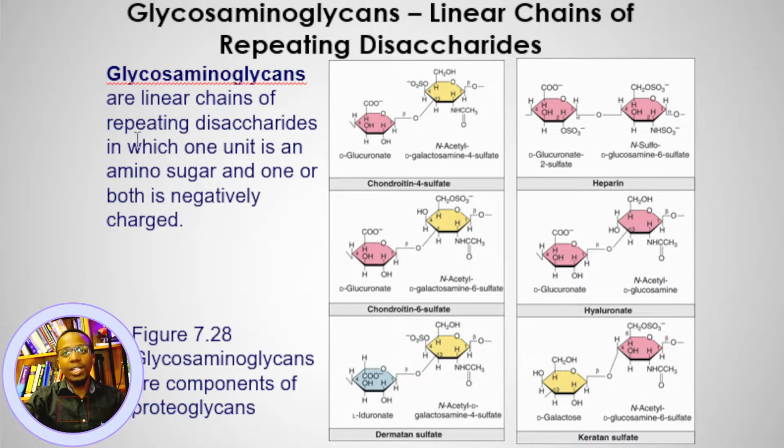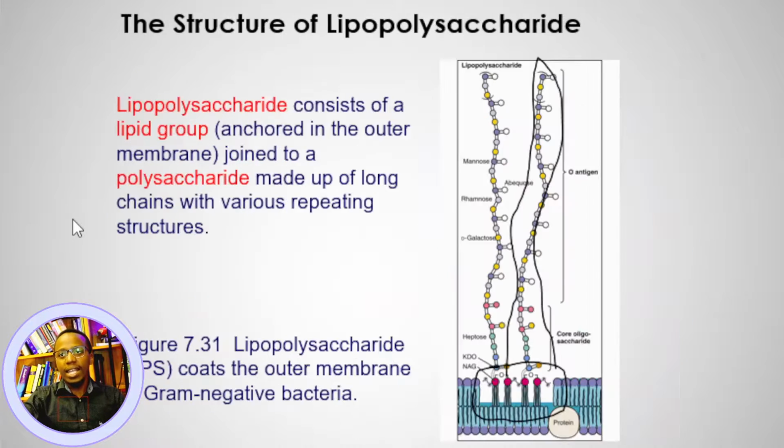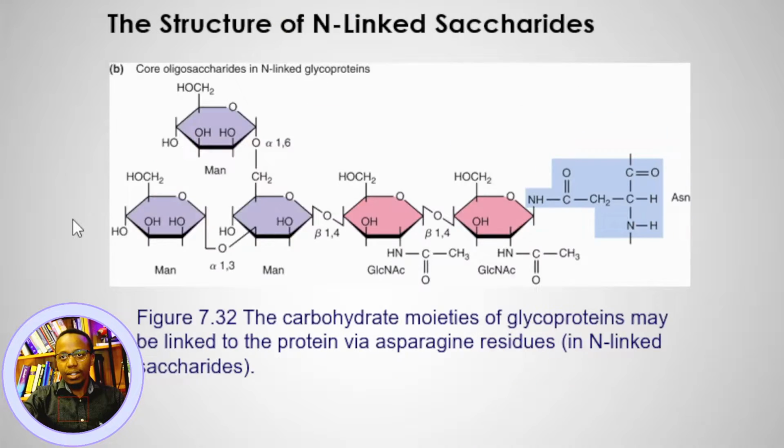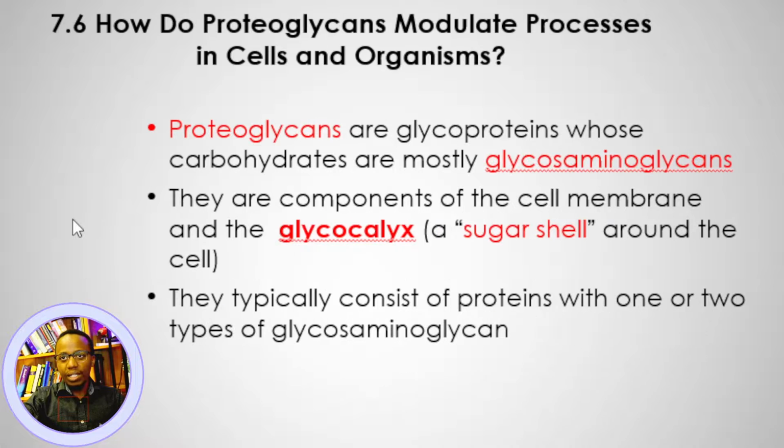That's what we call glycosaminoglycan, right? And then if you take glycosaminoglycan and you add it to a protein, we make proteoglycans, right? So these are glycoproteins. There are special types of glycoproteins called proteoglycans. And these are important because you will find these on the outside of the cell a lot, right?